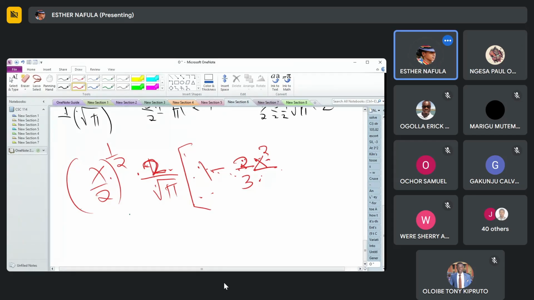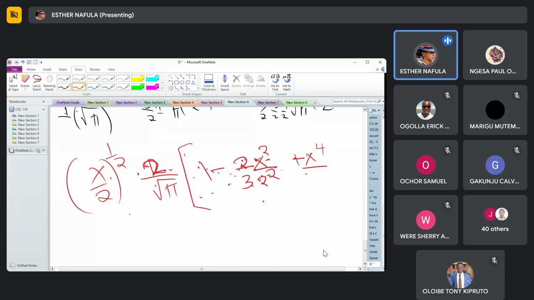It's x squared, the whole of it, so 2 squared. Yes. The third term? We have x over 2 power 4 times 2 squared over 3 times 5, so it's 15.